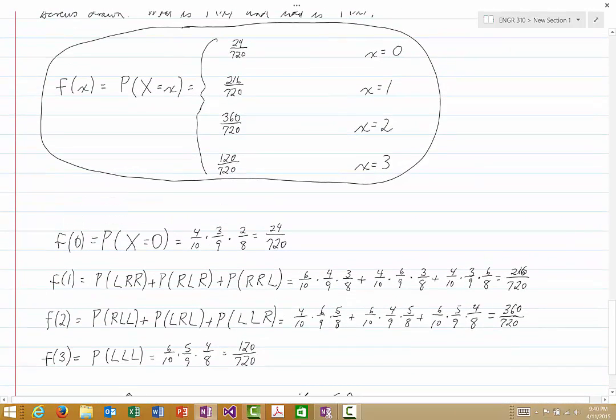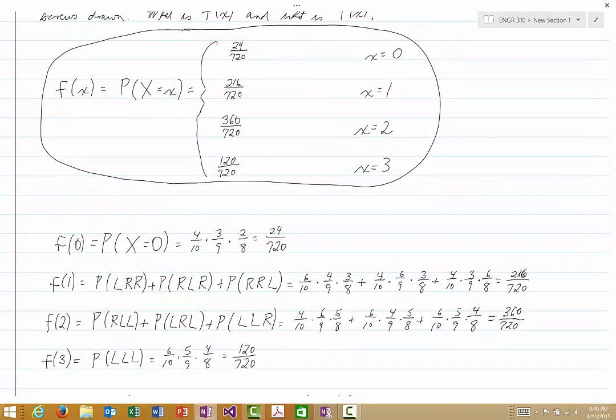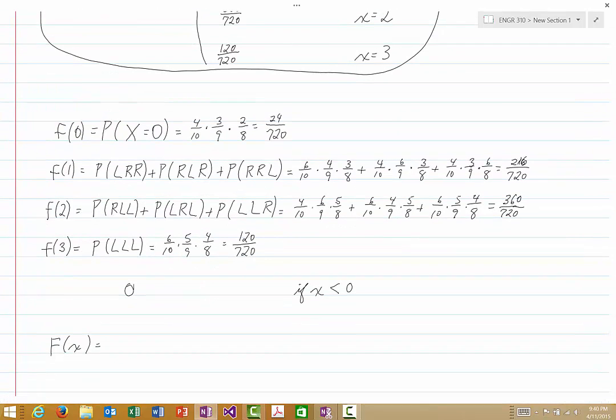Because if we add up all those values where little x is less than 0, well, there are no such values, so if we add them all up, we get 0. And remember that we said that for the distribution function, as x goes to negative infinity, capital F of x must be 0. So far, our expression for capital F of x looks good.